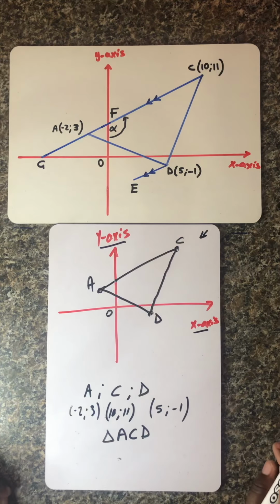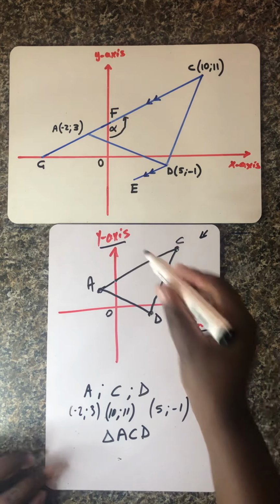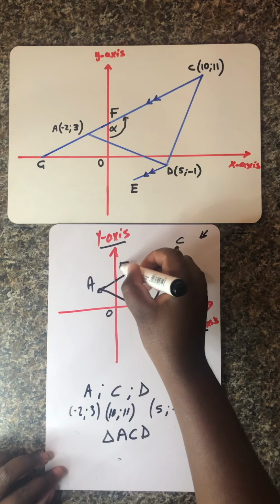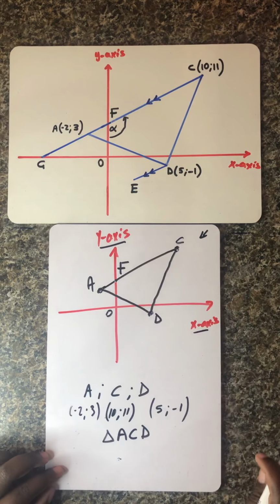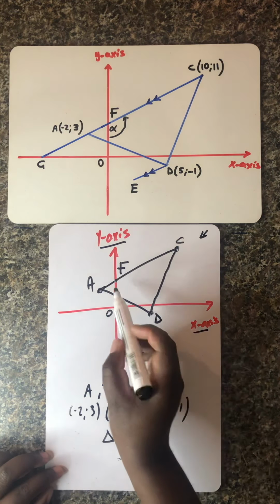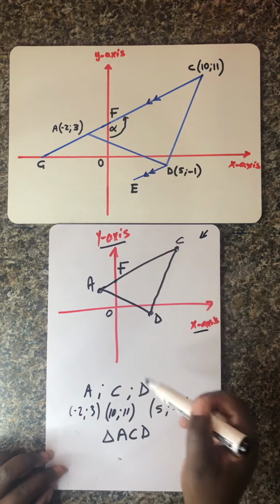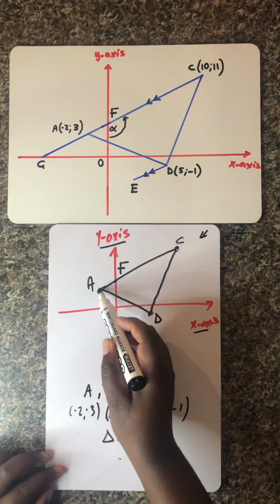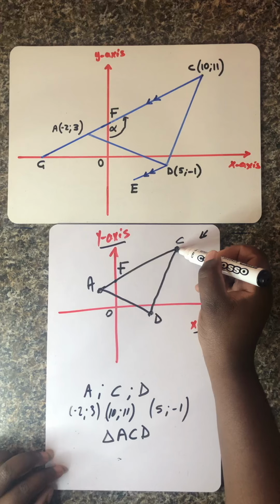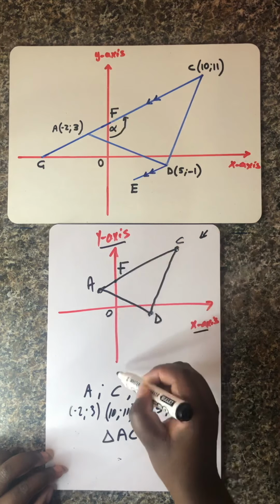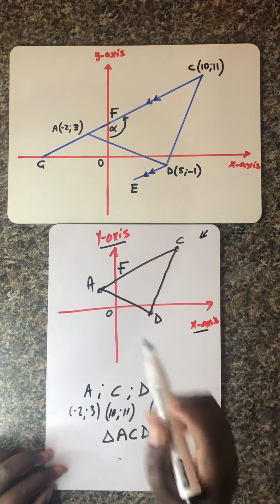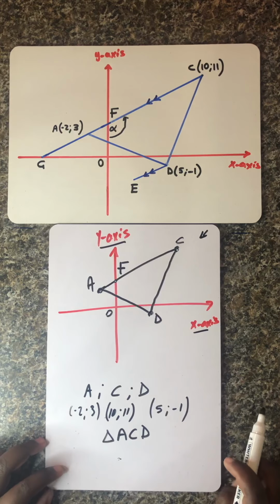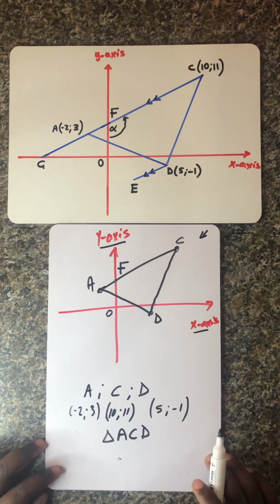That point is now referred to as point F. So that's why they wrote that F there. So F is that point where the segment or the line of AC cuts the y-axis. Very much important that you understand this part.